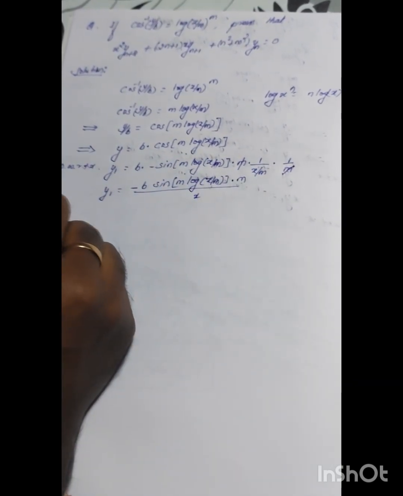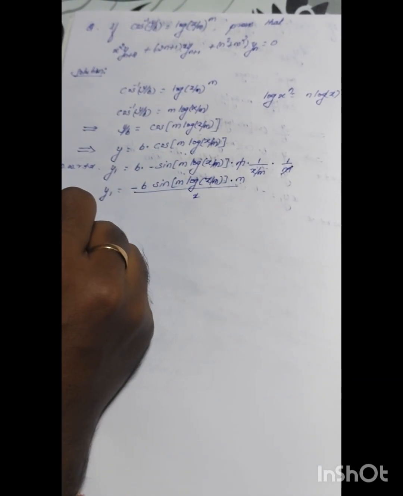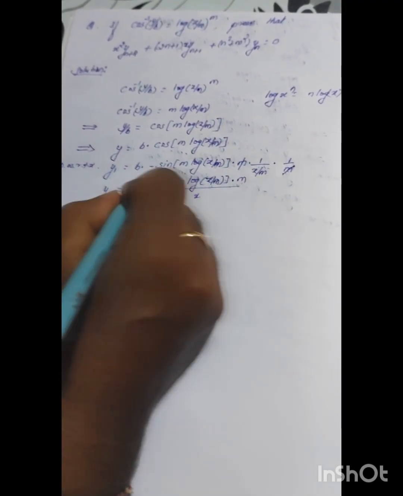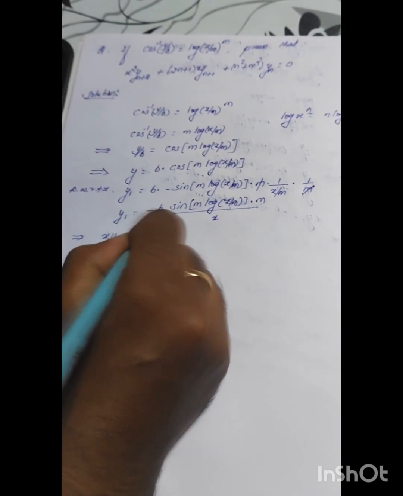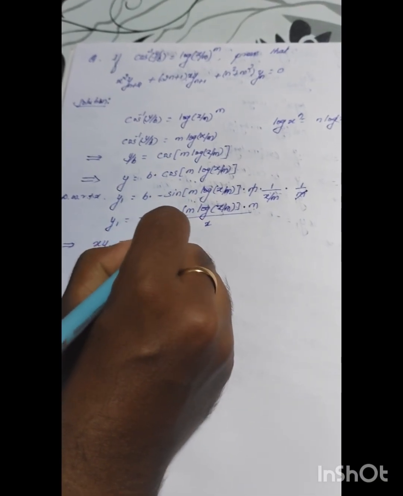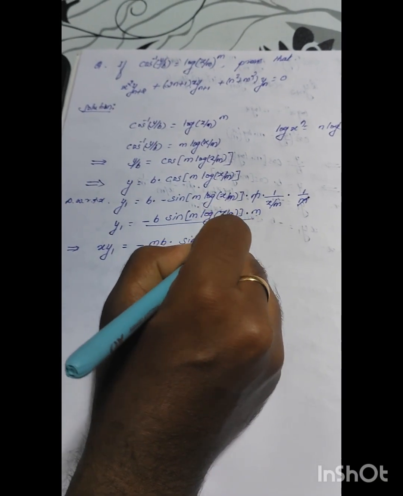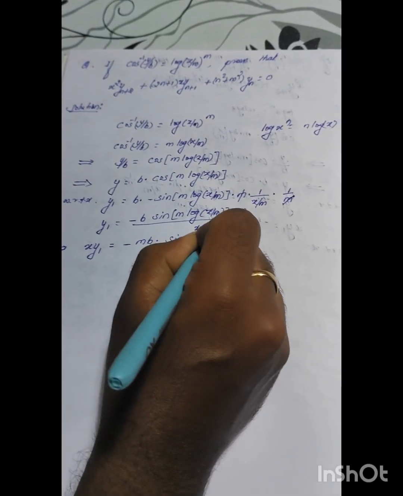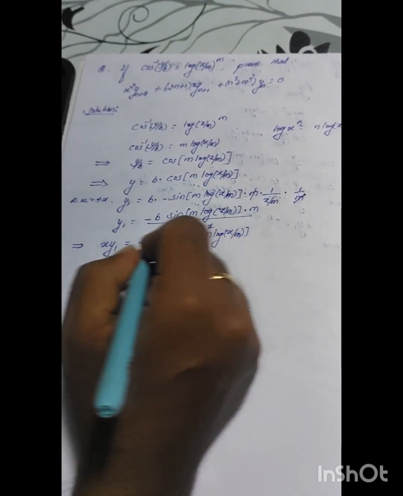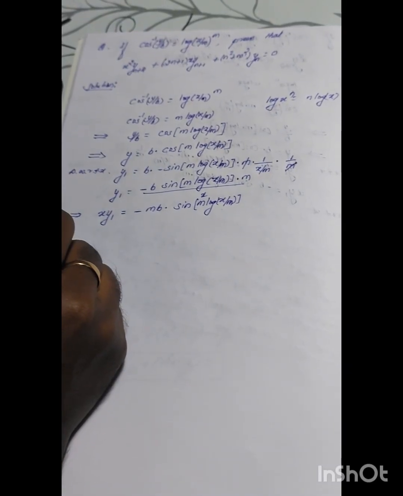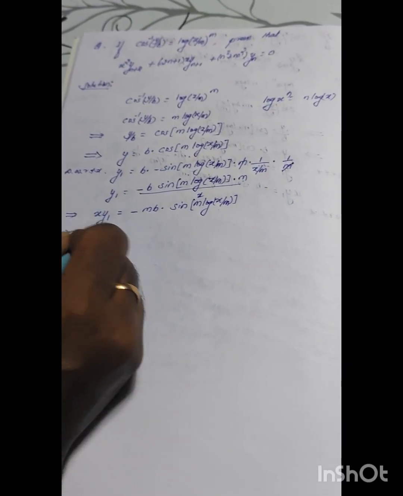This implies that I will take this x to this side, so xy1 will be equal to, here m is a constant and b is also constant, so I will write it this side, minus mb into sin of m log x over m. So we have got an equation in y1. Now again differentiating the above equation with respect to x, what happens?